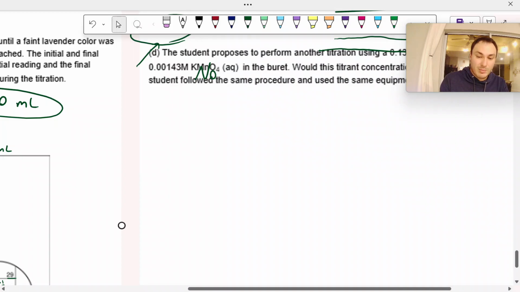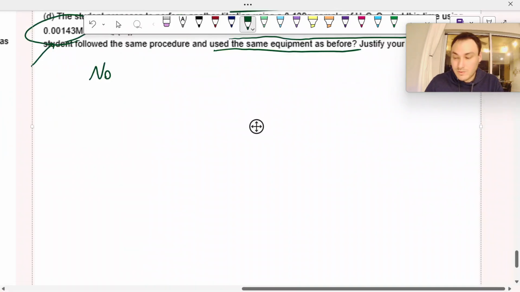If you wanted to set up another M1V1 equals M2V2 and solve for how much you need, you can do that.